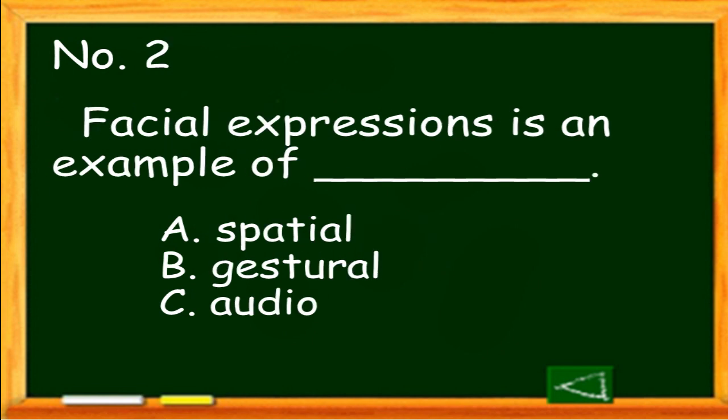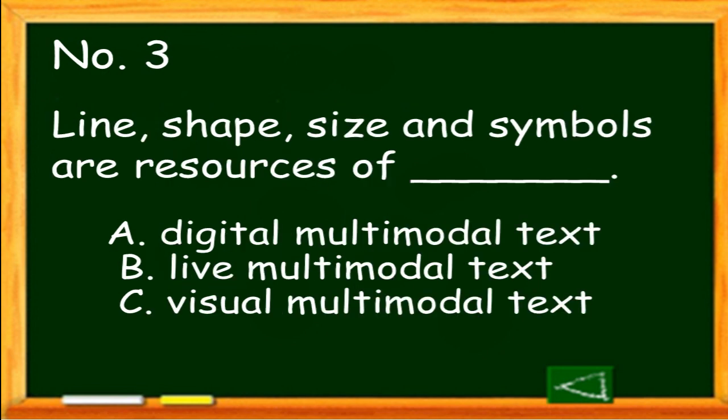Number 2. Facial expressions is an example of A. Spatial. B. Gestural. C. Audio. Number 3. Line, shape, size, and symbols are resources of A. Digital multimodal text.